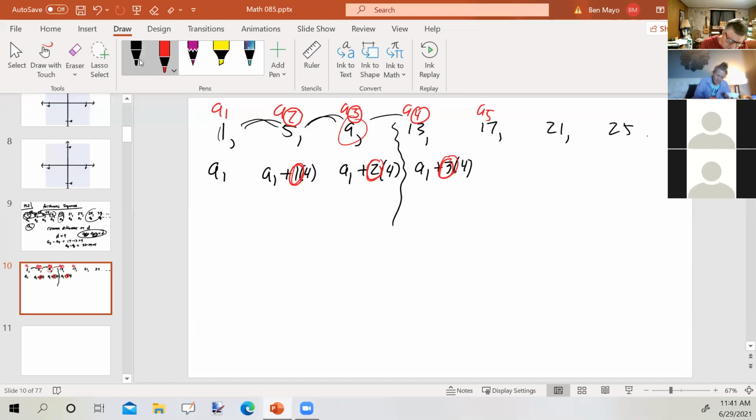I'm getting at a general formula for an arithmetic sequence. A given term in the sequence is equal to a sub 1 plus n minus 1 times d. d is the common difference, which in this case is 4. n is the subscript right here, but recall this is 1 less than that.